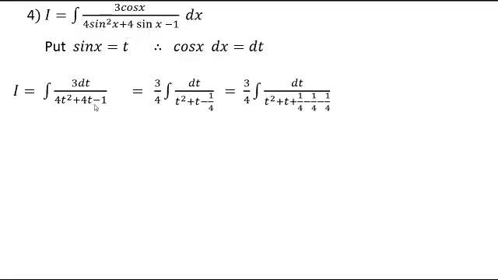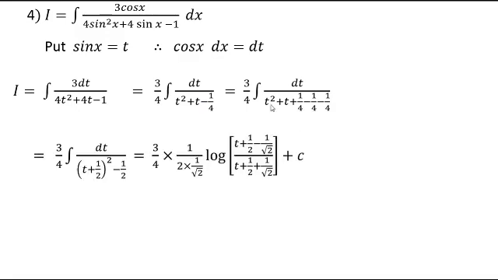Now make the coefficient of this square term 1. For that we take 4 common. Then make it a complete square by adding 1/4. So we add 1/4 and subtract 1/4, and then t square plus t plus 1/4 becomes (t plus 1/2) whole square, and minus 1/4 and minus 1/4, adding them we get minus 1/2.